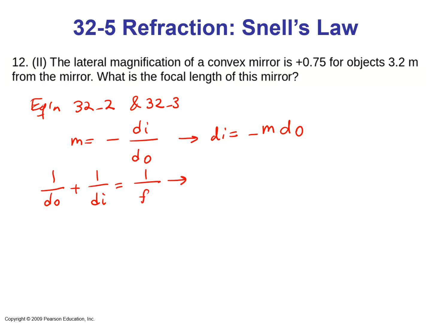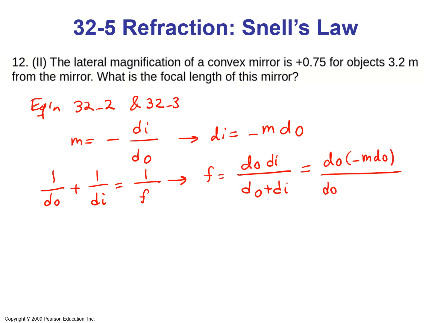We can solve it for the focal length: f equals d_o d_i divided by d_o plus d_i. Substituting for d_i, which is minus m d_o, that simplifies as f equals m d_o divided by m minus 1.